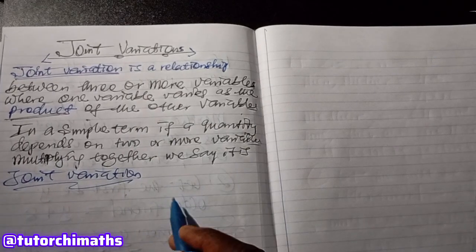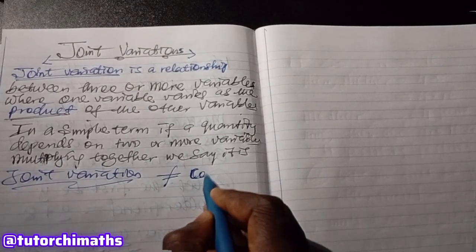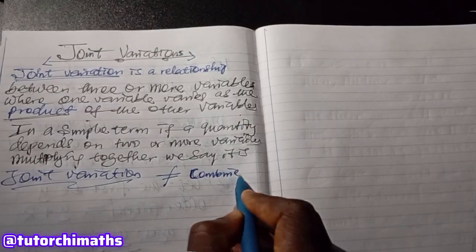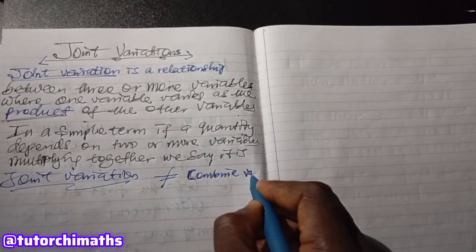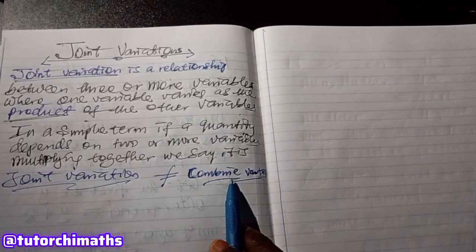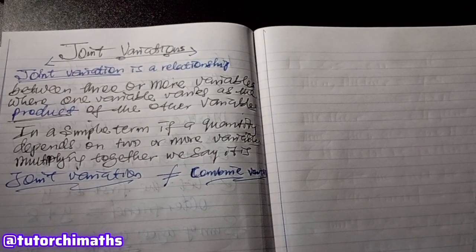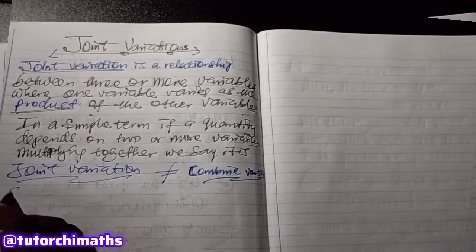Joint variation is a bit different from combined variation. Later we'll discuss more about combined variations, where we'll be adding direct and inverse variation, and then we'll solve problems on it.